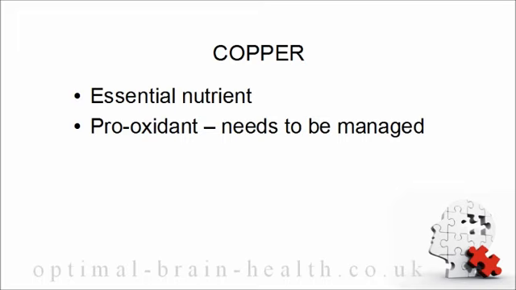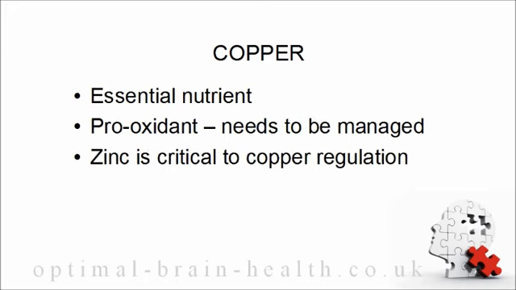That means it's normally found in the body in a bound form, bound to proteins, which essentially stop it from causing the oxidative damage that would happen if it were left free. One of the proteins that can manage copper is metallothionein, which we've just heard about. So again, zinc status is really important to the management of copper. And this is the basis of how copper and zinc work together as partners in the body.